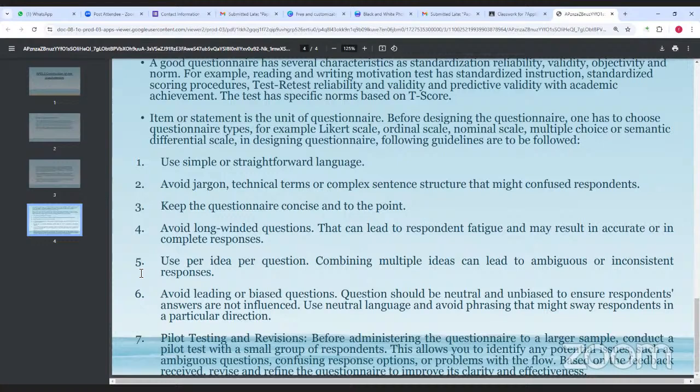So in case of the reliability over time, you have to administer the same questionnaire twice to the same people with a minimum one week interval.